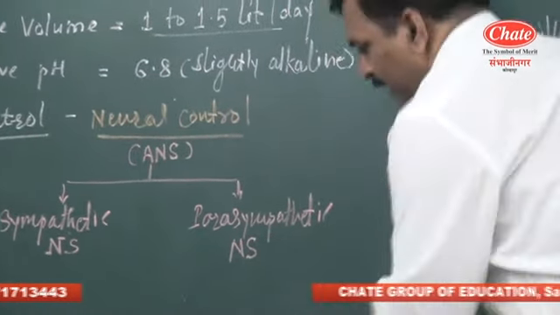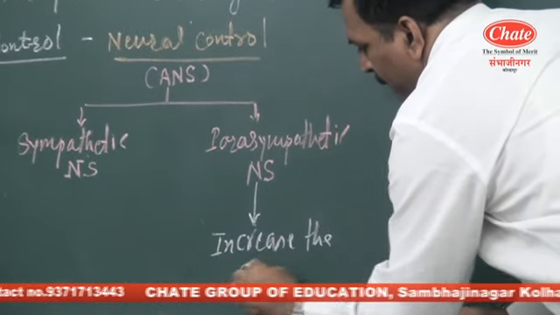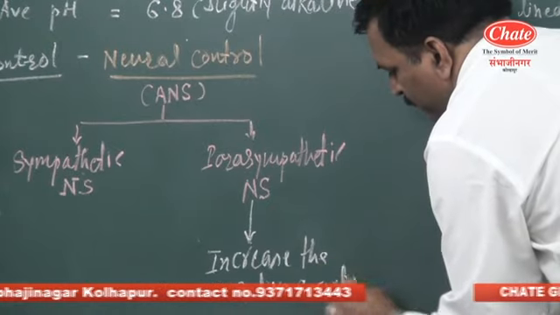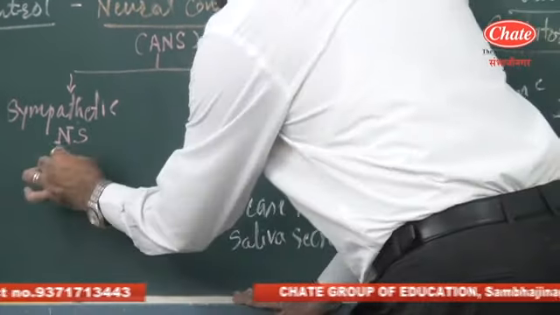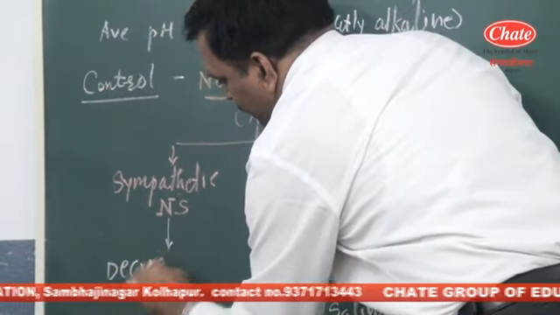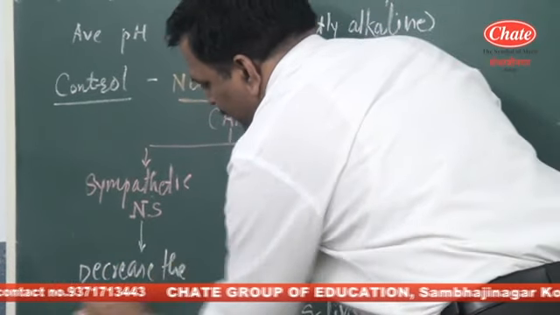Generally, the parasympathetic nervous system increases the saliva secretion, while the sympathetic nervous system decreases the saliva secretion.